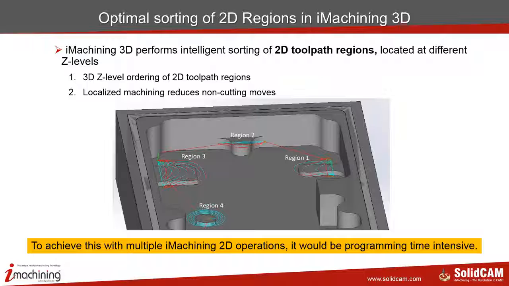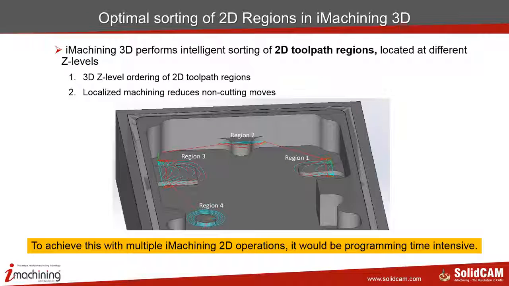This is what I'm talking about, the sorting into different regions of different 2D toolpath regions. You can see it's actually doing regular 2D toolpaths over here. 3D Z levels, ordering of 2D toolpath regions, as shown. So you have localized machining, which reduces the non-cutting moves.